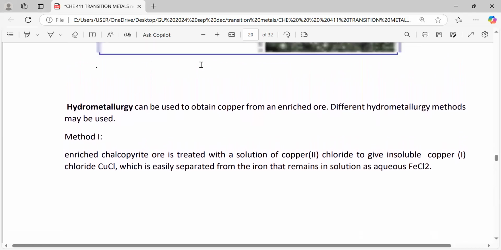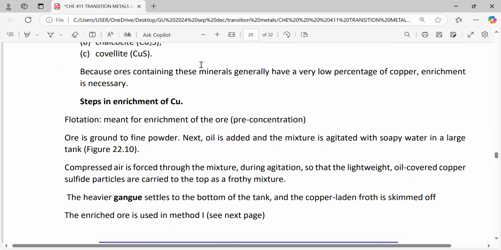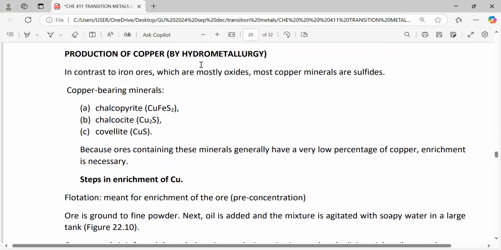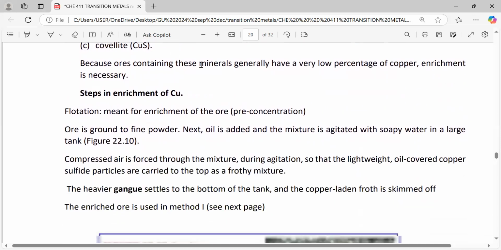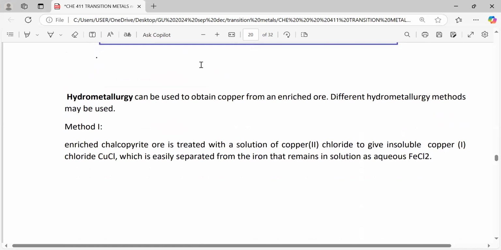Method one, if you have enriched chalcopyrite, copper iron sulfide, it is treated with a solution of copper 2 chloride to give insoluble copper 1 chloride, which is easily separated from the iron that remains in solution in the form of iron chloride.